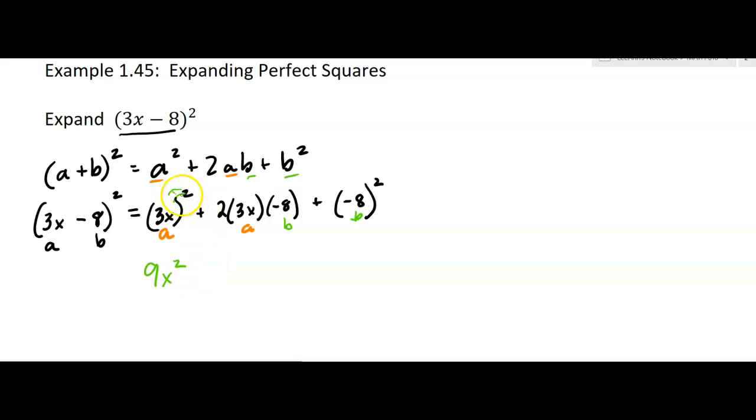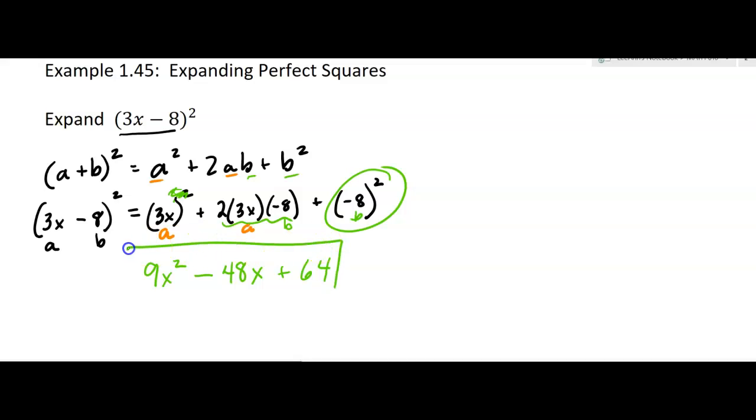And then it's going to be negative. And then what's 6 times 8? 48. So minus 48x plus, and then I'm squaring this, that's going to be 64.